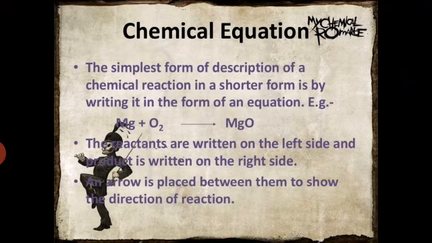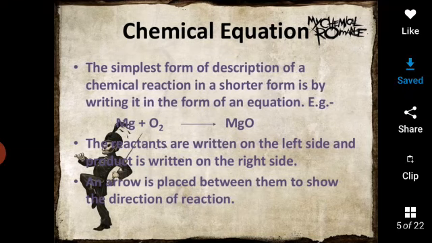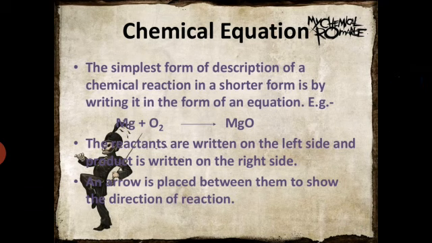Like I just gave you an example, we burned magnesium ribbon in oxygen and we got magnesium oxide. Here magnesium and oxygen are both reactants and magnesium oxide, which we got in the end, which was a white colored powder, that is a product. So Mg and O2 here are reactants and MgO, which we are getting in the end, is called the product. The reactants are written on the left hand side and the products are written on the right hand side, and we place an arrow in between the reactants and products.